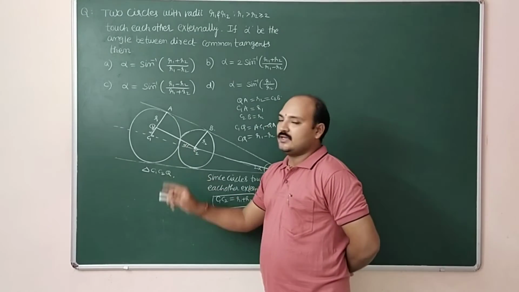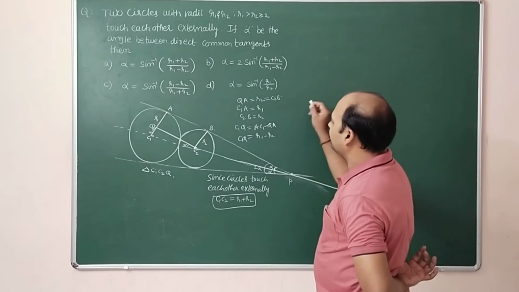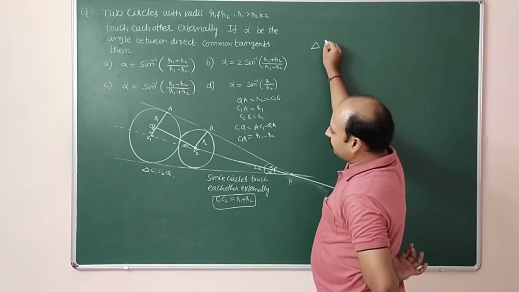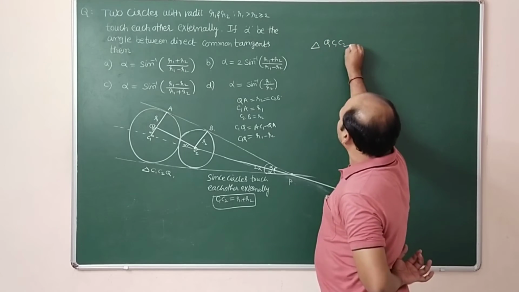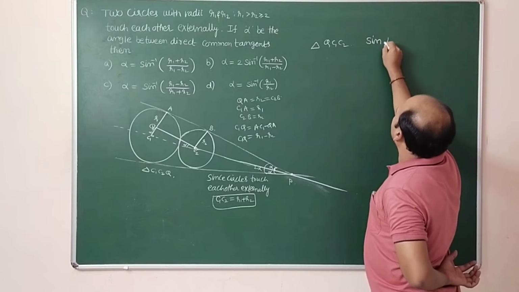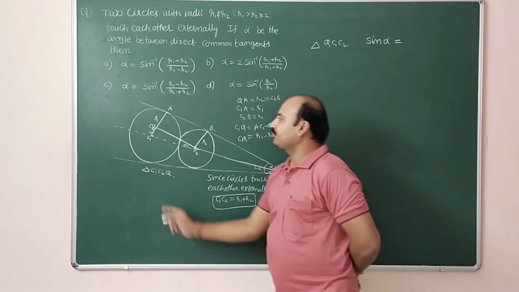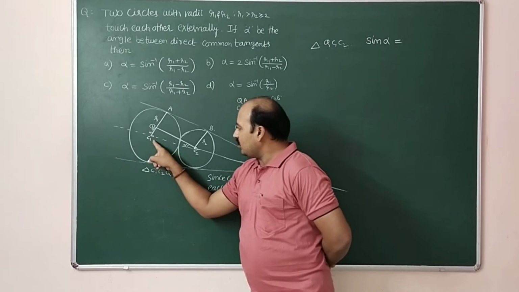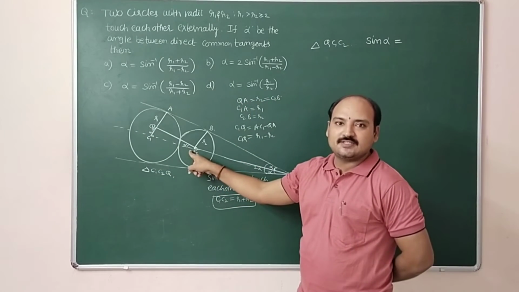C1C2. When the angle is alpha here, sin alpha equals, from the figure, from triangle QC1C2, same thing I am writing here. Why are we taking sin alpha only? Opposite side and hypotenuse, we know that. That is the reason.